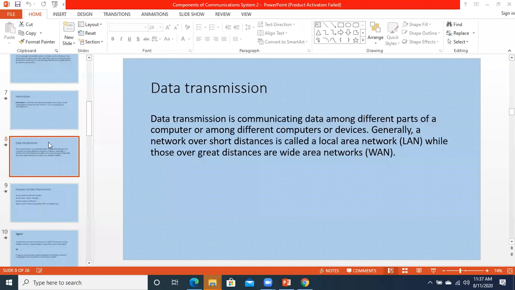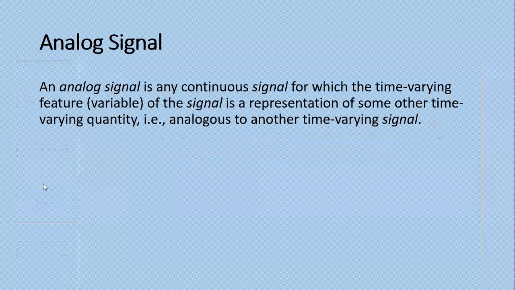So an analog signal is a continuous signal, keep in mind, in which the time varying feature of the signal is a representation of some other time varying quantity.